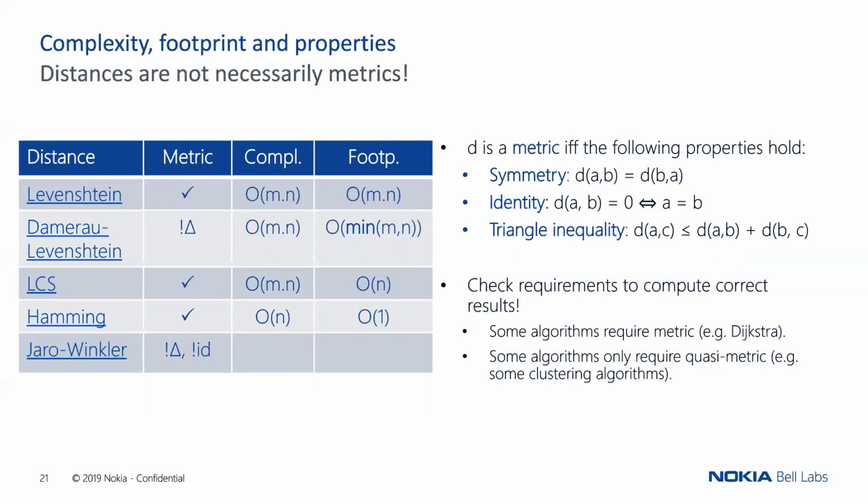For example, Levenshtein, LCS, and Hamming are metrics, so you have the symmetry, the identity, and the triangle inequality properties that hold. But depending on the edit operations that you consider, and possibly depending on the cost that you apply in your dynamic programming, you might lose some of those properties.